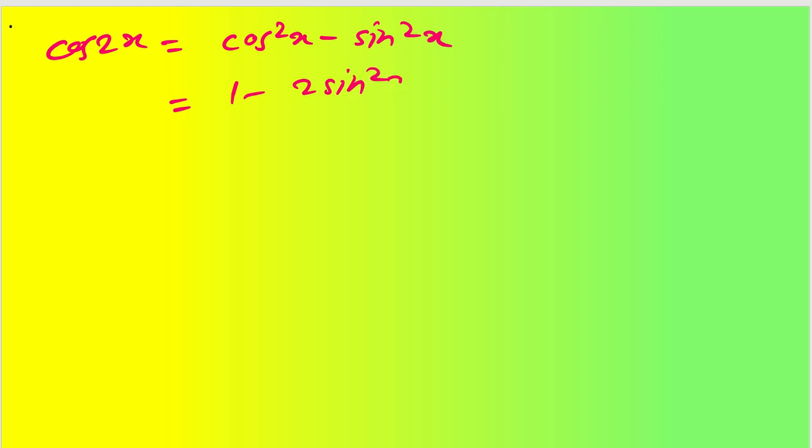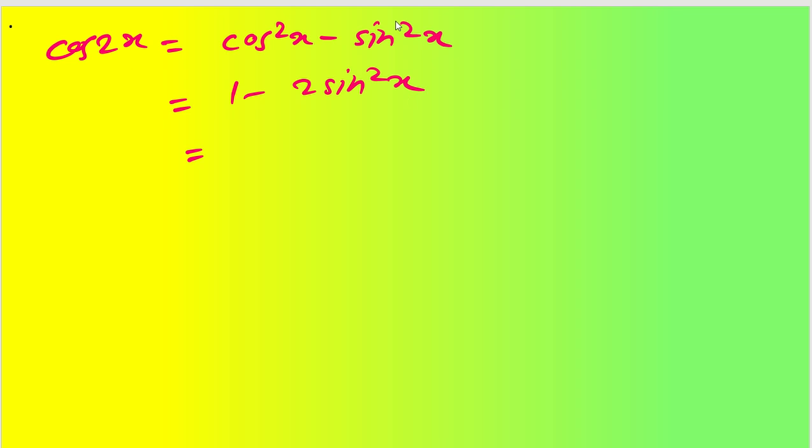Okay, next we have very important formulas, which are sin 2x and cos 2x. So let us say cos 2x. So cos 2x is cos square x minus sin square x. Okay, it can again become like this because cos square x is 1 minus sin square x, so that will become 1 minus 2 sin square x.